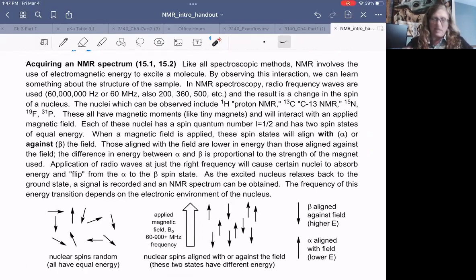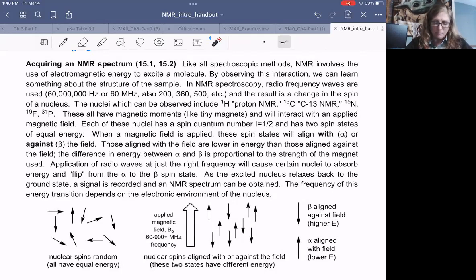And so what happens is we take our sample, we put it into an NMR tube, it goes into a spectrometer, which is a giant vessel that has a really high powerful superconducting magnet. It's so big because it needs to be extremely cold, so liquid helium and liquid nitrogen are used to keep it super cold.